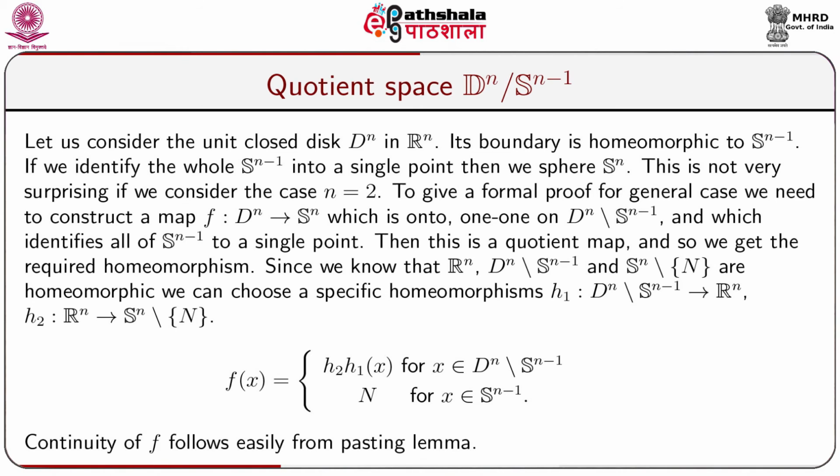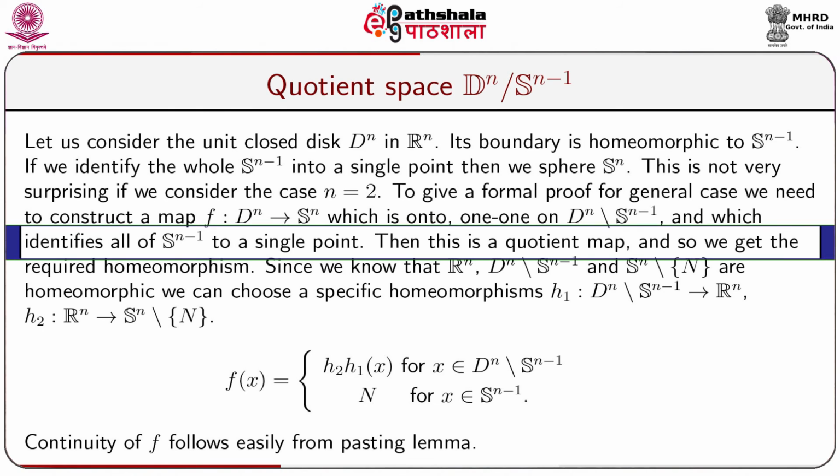Now, to give the formal proof, let us construct a map f from Dn to Sn, which is onto, one-one on Dn minus S^(n-1), and which identifies all of S^(n-1) to a single point. Then this is a quotient map by previous results, and so we get our required homeomorphism.